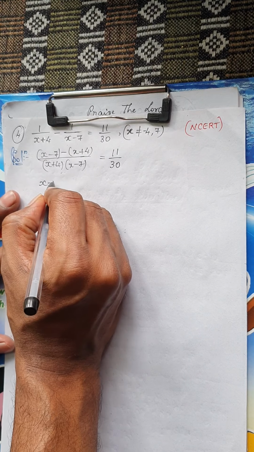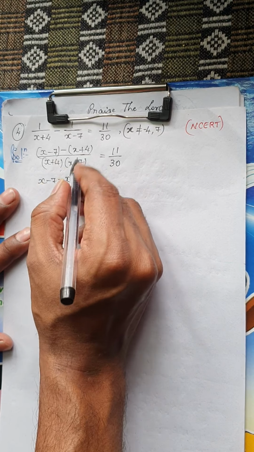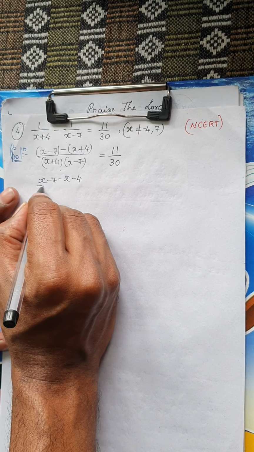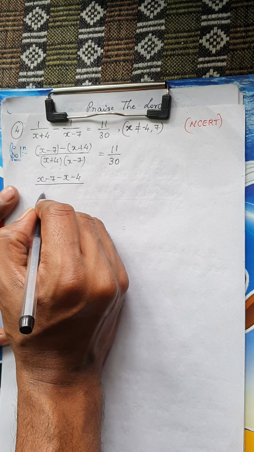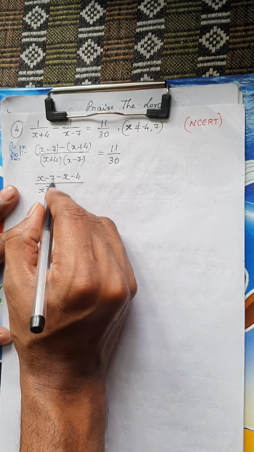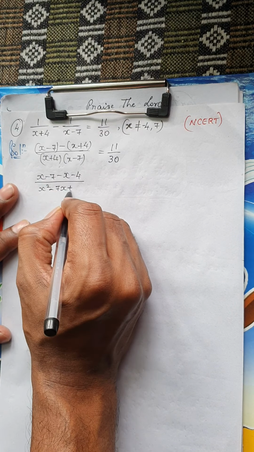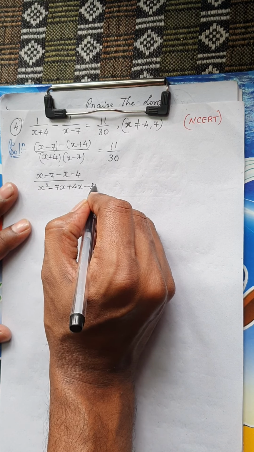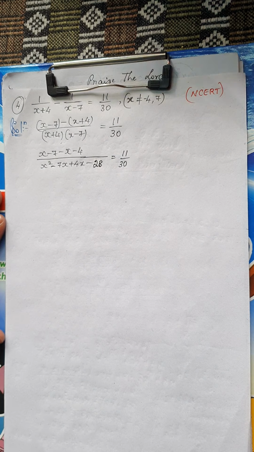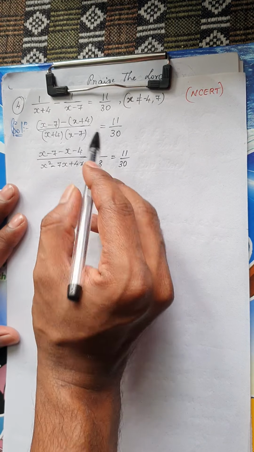So I have x minus 7 minus x minus 4 divided by, simplify this, x into x is x squared, minus 7 into x is 7x, plus 4 into x is 4x, minus 7 fours is 28.